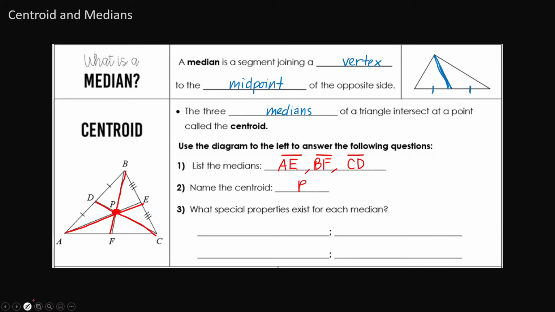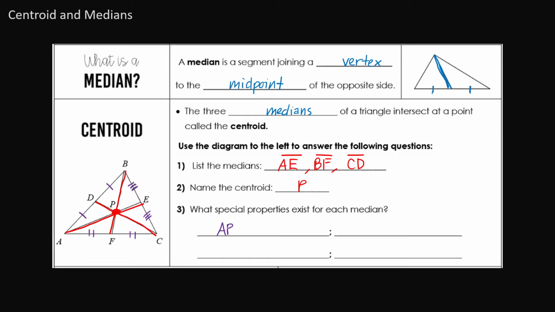So included with medians, we have some special properties. So not only do medians bisect each side of the triangle, as you can see here, like so, the medians themselves have different lengths and different properties associated. So in medians, let's just use example AP, a portion of a median.